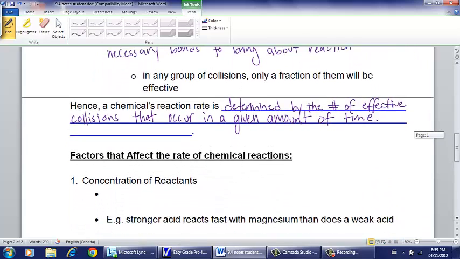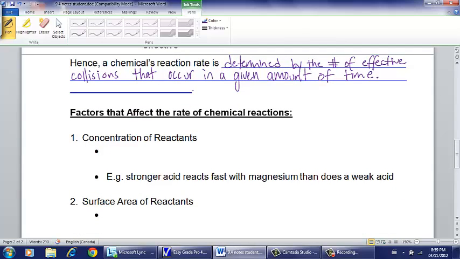Next, we are going to be looking at factors that can affect the rate of chemical reactions. First one we're looking at is concentration of reactants. So concentration describes the number of particles present in a given volume. If we increase the concentration, this will increase the reaction rate by increasing the frequency of effective collisions.